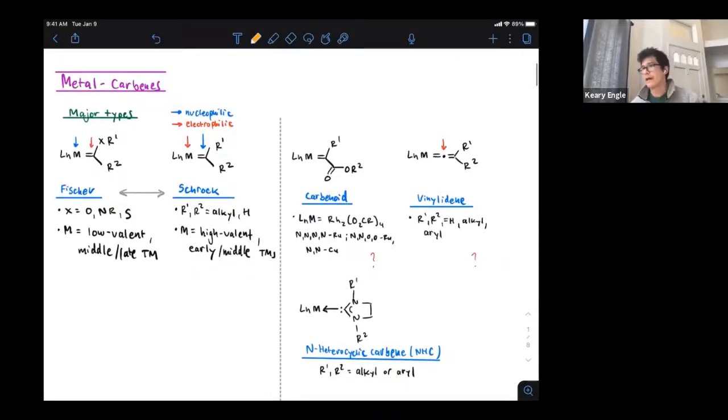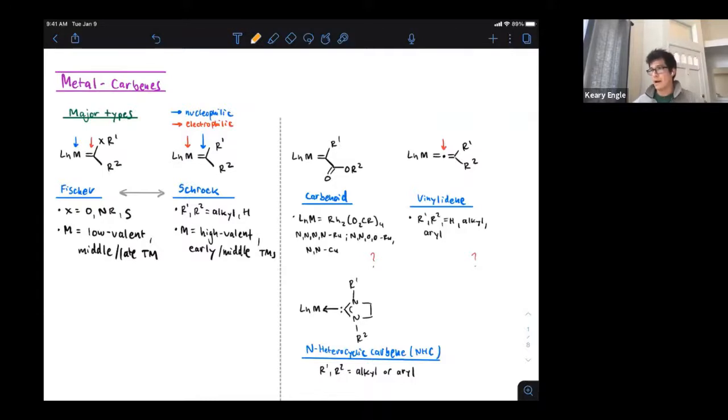So this is a very brief 1-minute overview of a lot of different types of metal carbenes that we'll see, and then we'll unpack the ones that are important. If I go through this quickly, it's because we're going to see these same things later anyway. This is organized in parallel to how the introduction of this chapter in the Hartwig textbook is presented.